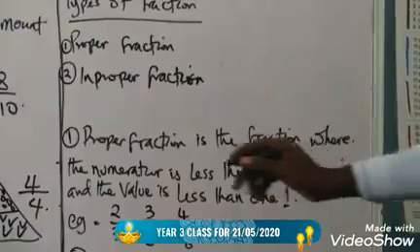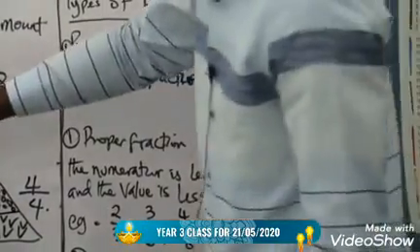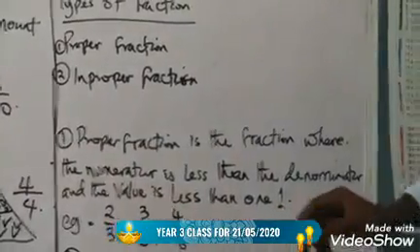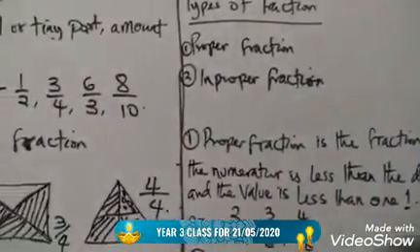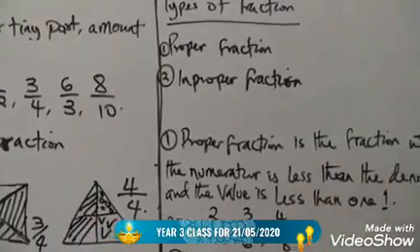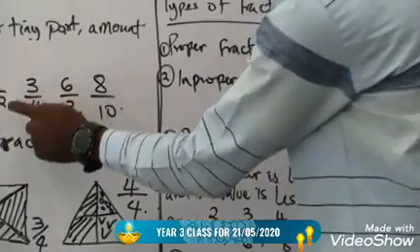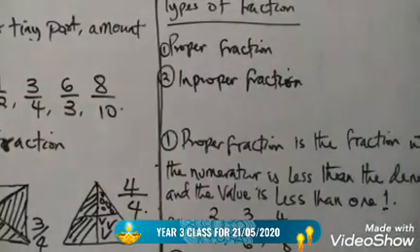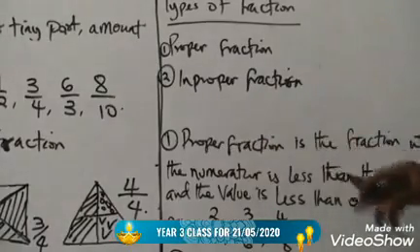The numerator is the number on top, the denominator is the number below. The value means if you divide the numerator by the denominator, what you will get is going to be less than 1. So that is what is known as a proper fraction.